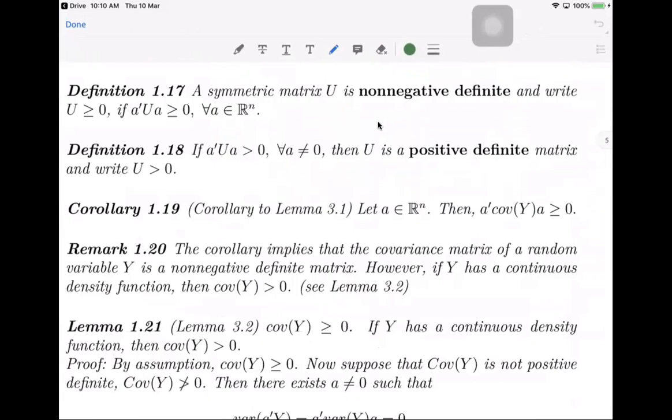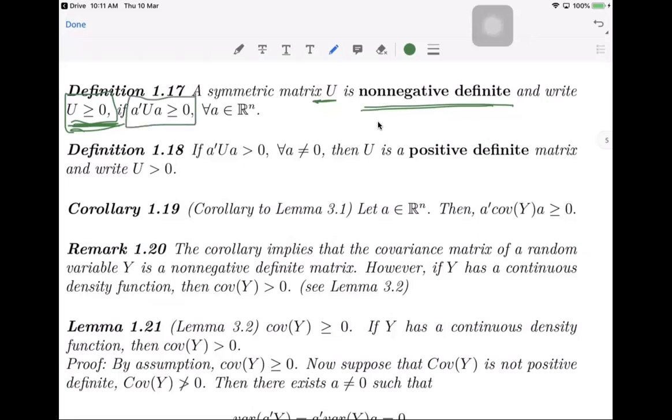A symmetric matrix U is non-negative definite, and this is written U is greater than or equal to 0. This notation in matrix form is telling you that U is non-negative definite, and U will be non-negative definite if this is satisfied.